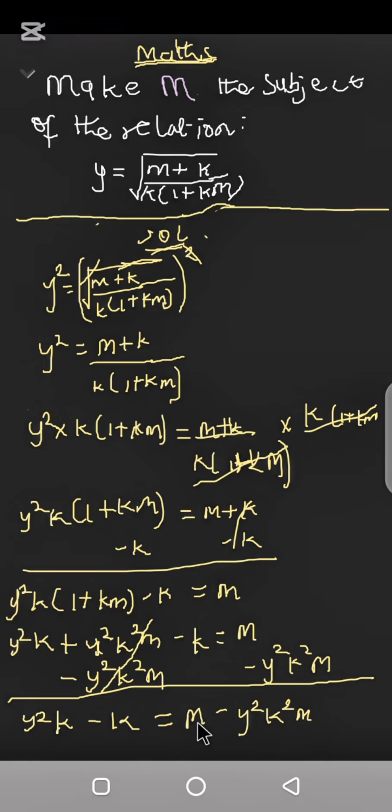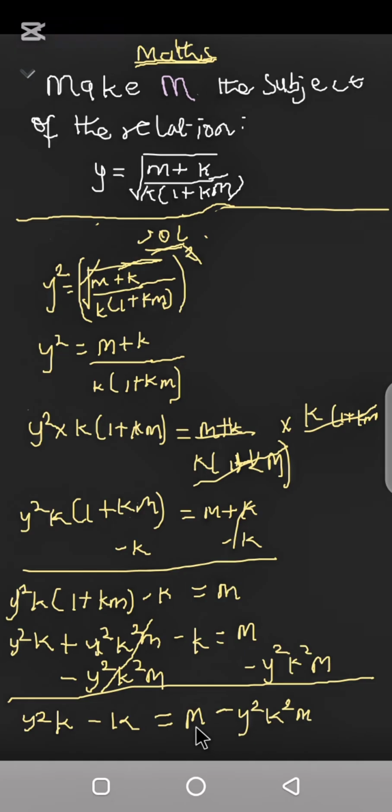So what are we going to do next? The next thing is to factor m out. If you notice, anytime an addition or subtraction operation is in between two things, it does one job. It separates the two items into terms. So as you can see here, there are two terms: the term with only m and the term with y squared k squared m.